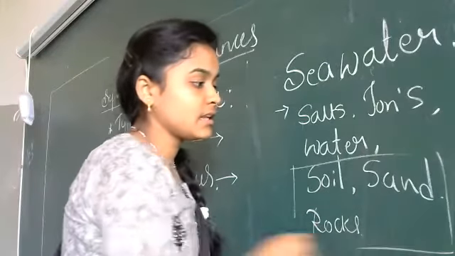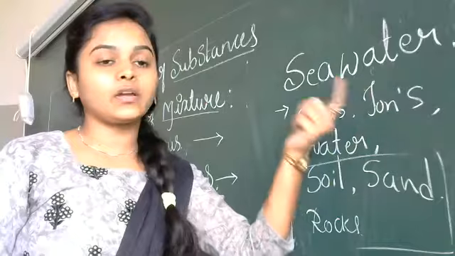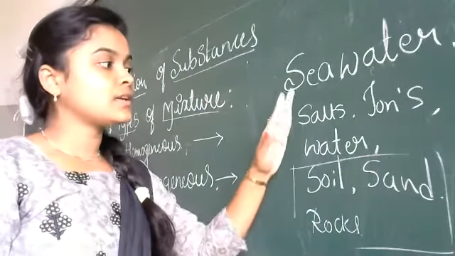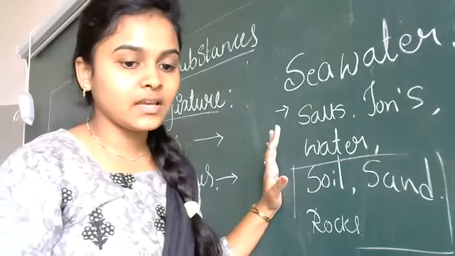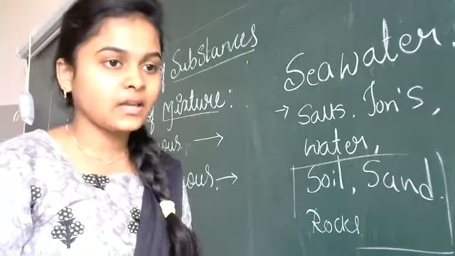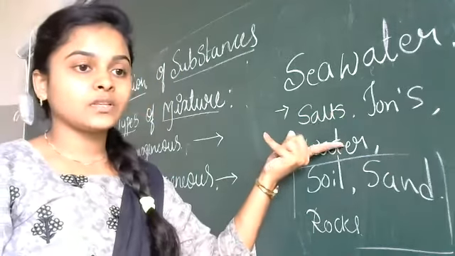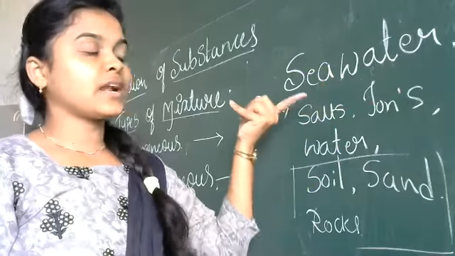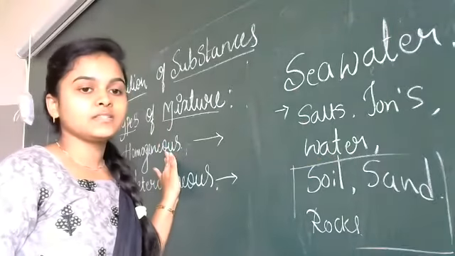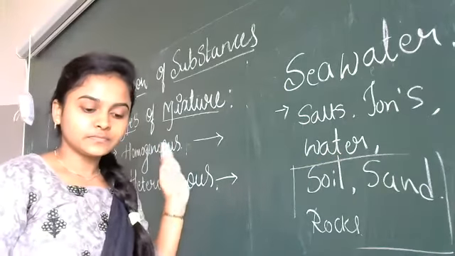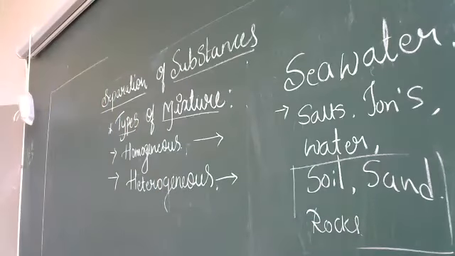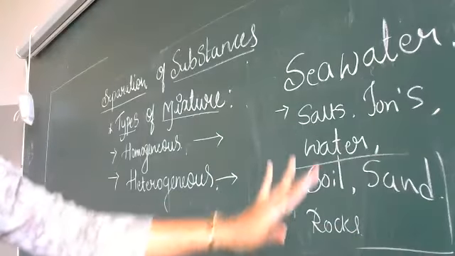Are you able to see the salt and ions inside the sea water? No, we cannot see them because they are completely dissolved. Dissolved means completely mixed with the water inside the sea. So this is also an example for homogeneous mixture.